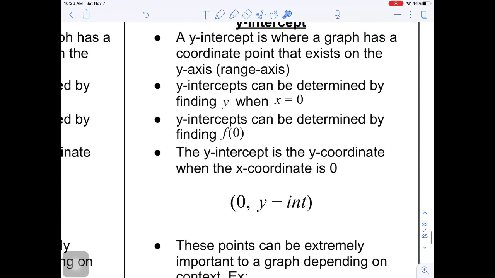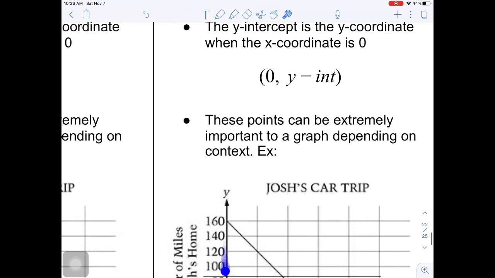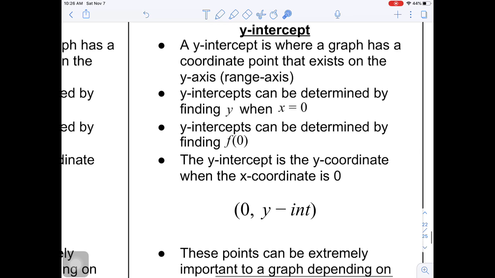Your y-intercept, everything's the same as we've talked about. It's when it goes through the range axis, so your vertical axis here. The main difference that we now know is, we used to say the y-intercept can be determined by finding y when x equals 0. We can talk about it a little bit differently, saying the y-intercept can be determined by finding f of 0.